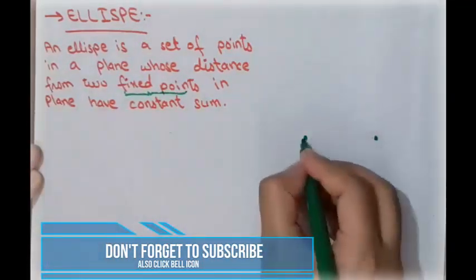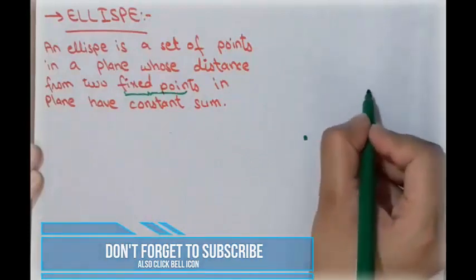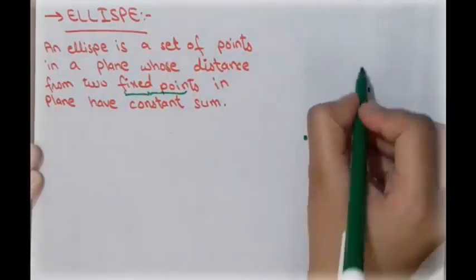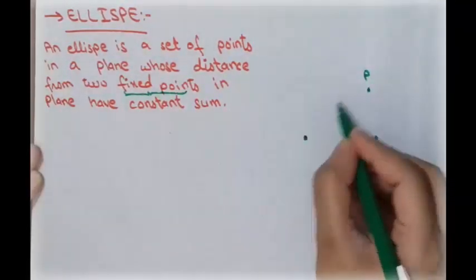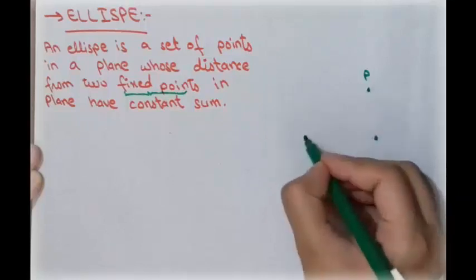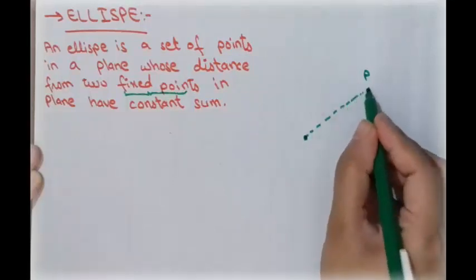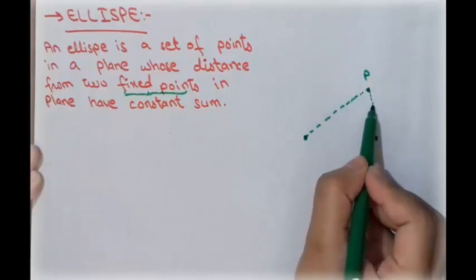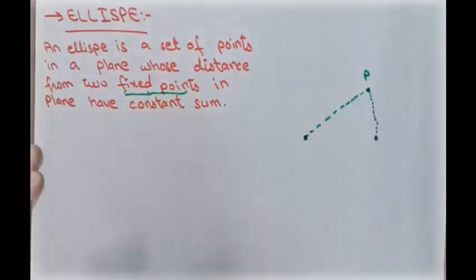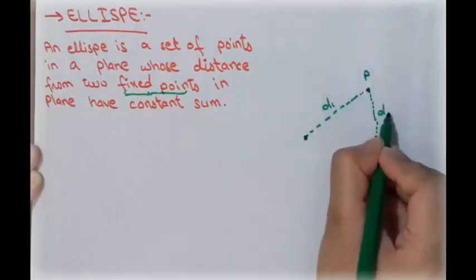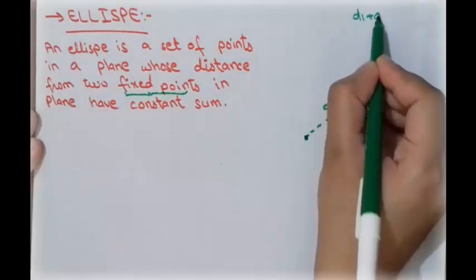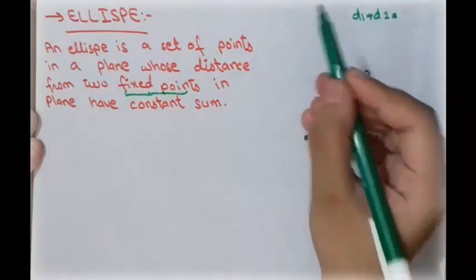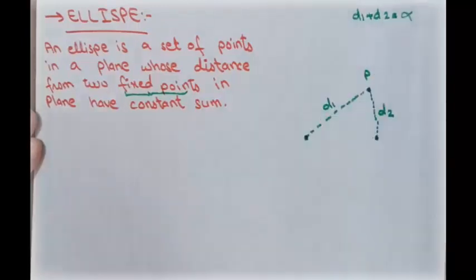I have these two fixed points, and suppose I have a point P. Then the distance from this fixed point to P plus the distance from P to the other fixed point, say this distance is d1 and this distance is d2. So the ellipse says d1 plus d2 equals a constant length, which I call alpha.